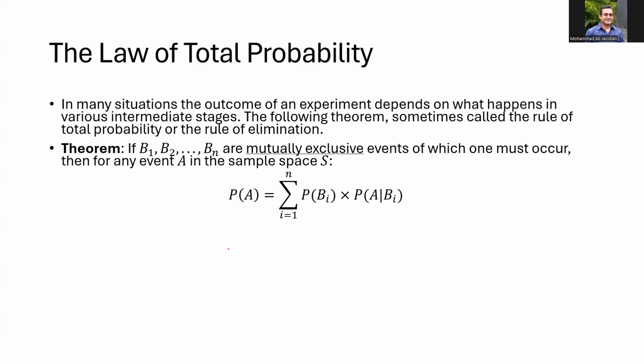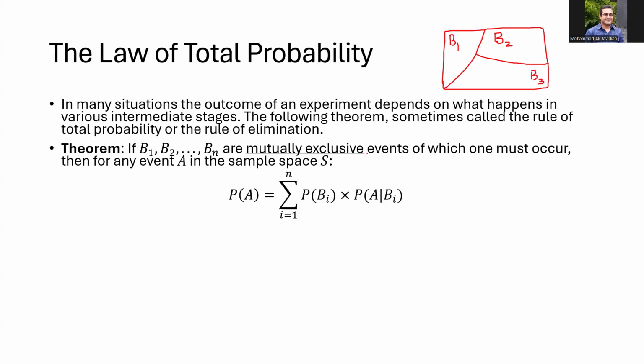So I'm going to explain it using a Venn diagram. Assume that your space is partitioned into three different subspaces. Let's call them B1, B2, and B3.